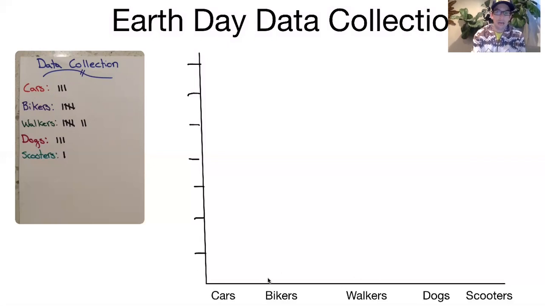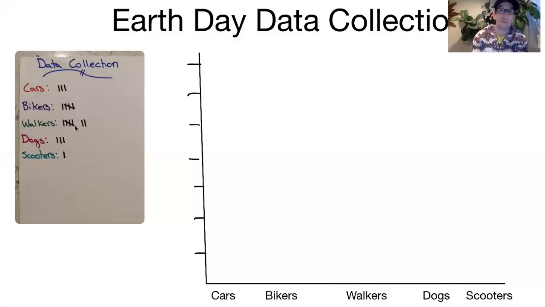This is what we call our x axis. This vertical line here is what we call our y axis. And as you can see, I've made a couple of tick marks going up the left hand side here. I have 7 tick marks because if I look over at my data collection picture, 7 was my most common choice.